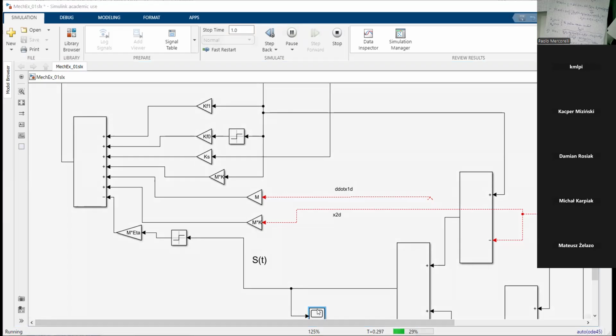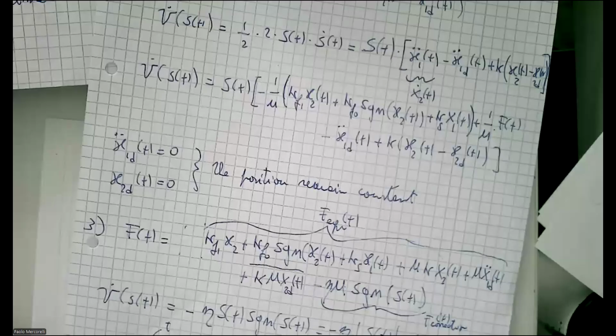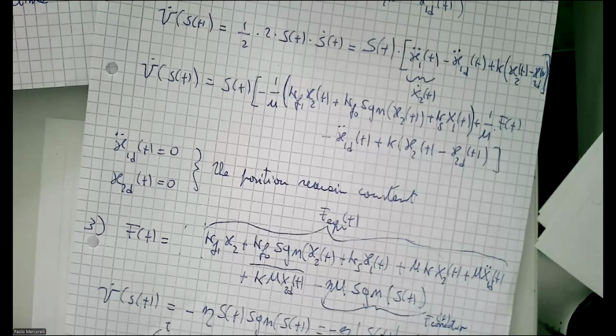I show you. Okay, it seems to me that we need a little bit larger eta. Let me put it here, or better in the M file. Let me show you.